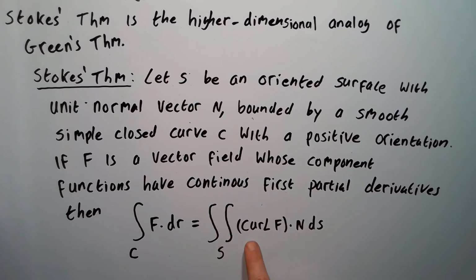Since the curl has some derivatives in it, maybe if you integrate one of them, it would undo the derivative. So you can see it might perhaps be equal. And that is in fact what's going on here. When you look at the proof, the fundamental theorem of calculus will be used to make this double integral into one integral to make the two sides equal.